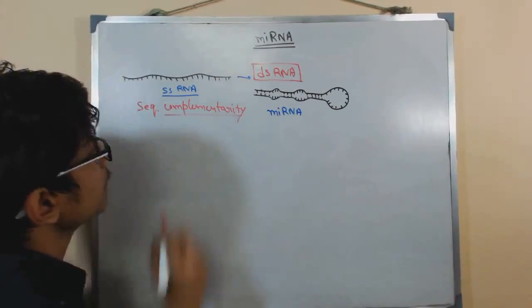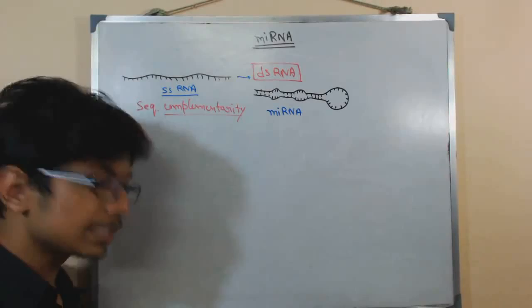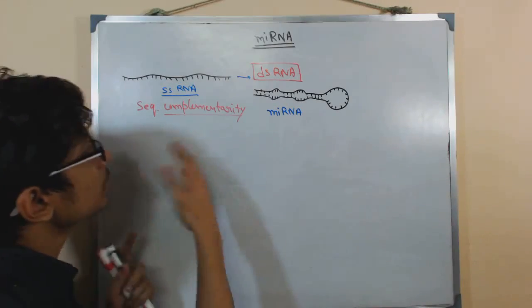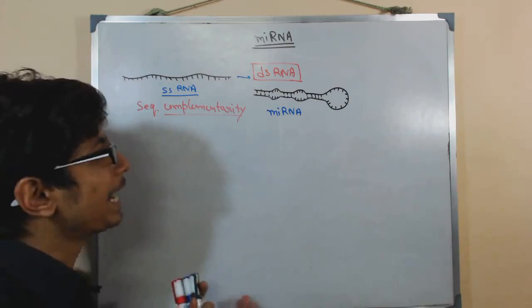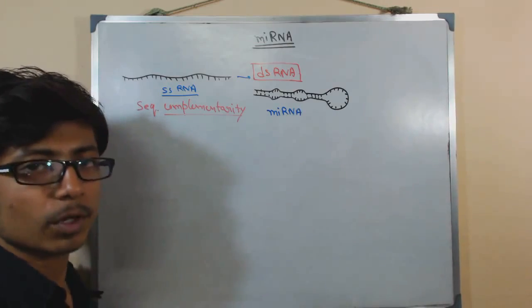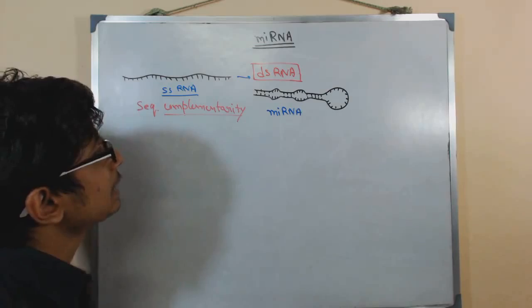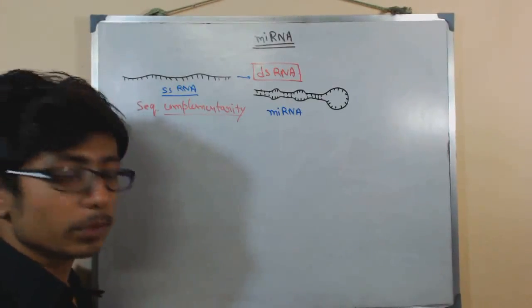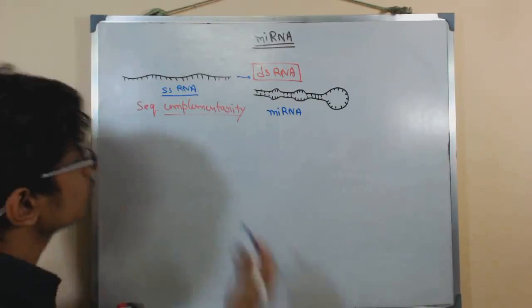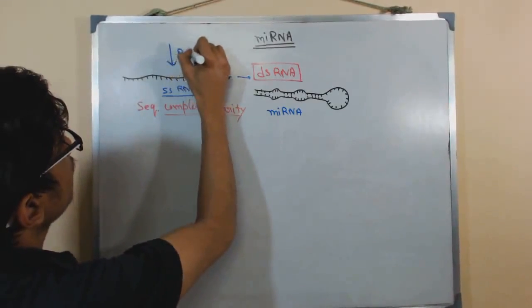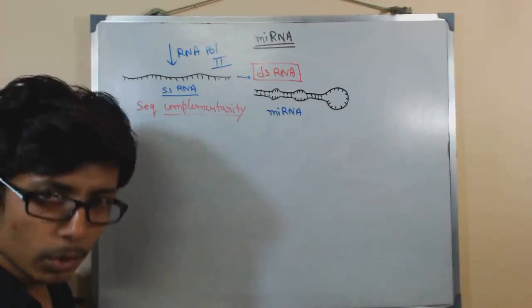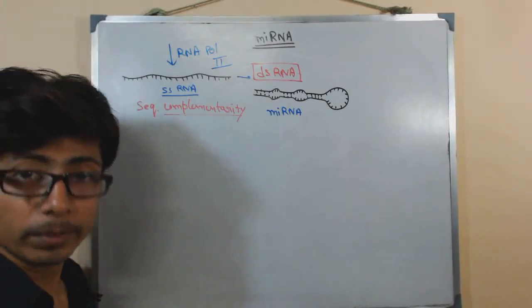Say inside the cell, this kind of sequence complementarity is formed. Due to the sequence complementarity, it folds back to form a hairpin-like structure, which is ultimately called a miRNA. And this type of RNA, you all know, is usually produced by RNA polymerase II. They are produced by RNA polymerase II.